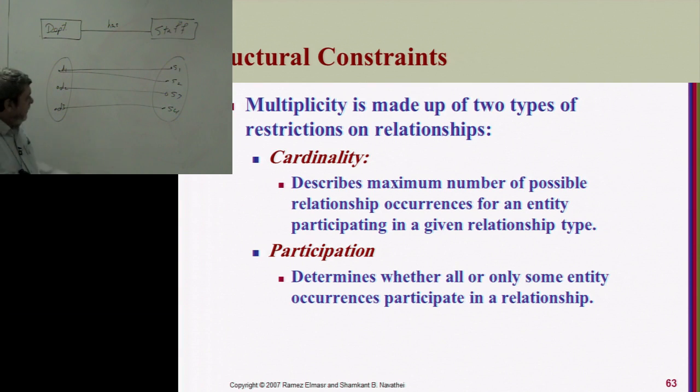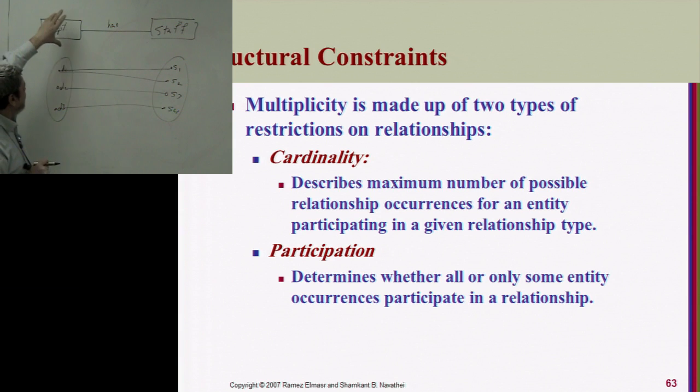Now, let's ask ourselves this question, and we'll ask the question going both sides. So first of all, we pick one side, department, and we say, okay, how many staff are related to each department?